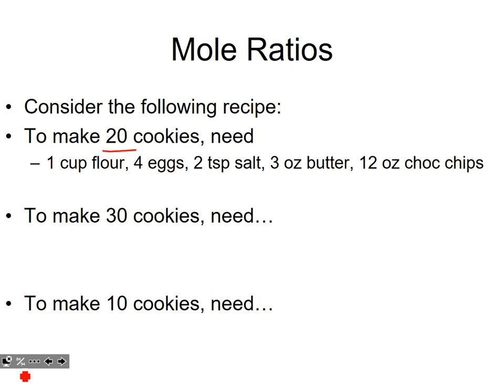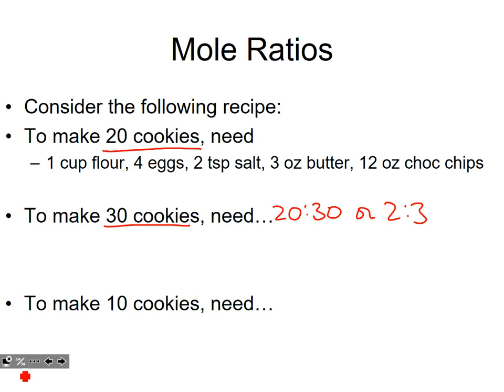So if we want to go from 20 cookies to 30 cookies, we want to keep this ratio of 20 to 30. We know that our proportions for everything in the recipe are going to have to change by going from 20 to 30, or a 2 to 3 ratio, right? If we simplify 20 to 30, it becomes 2 to 3.